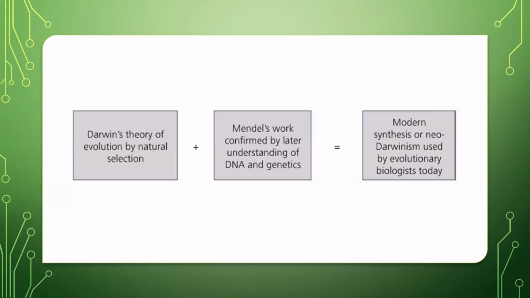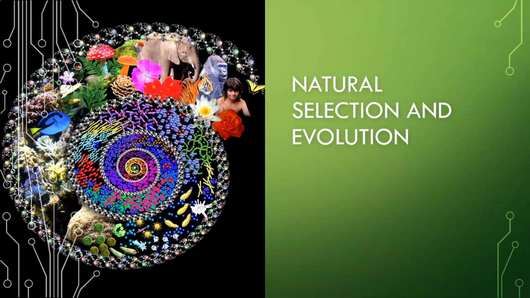So when you think about it, we've got Darwin's theory for evolution by natural selection. We then had Mendel's work which confirmed some understanding of DNA and genetics, and we'll look at that further when we study topic 3. And those two working together gave us this modern synthesis, or neo-Darwinism, that is used by evolutionary biologists today.